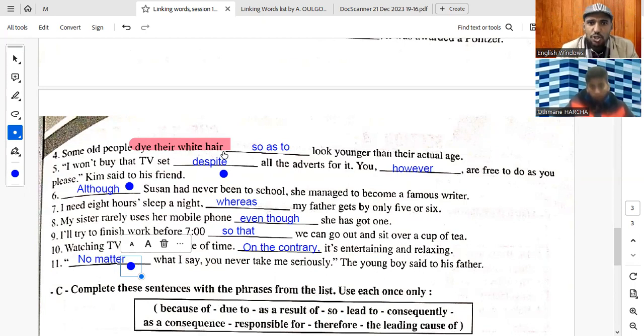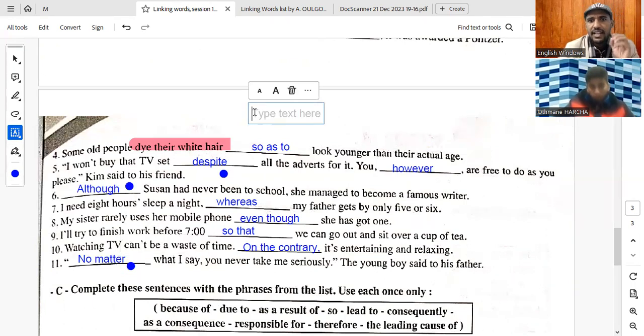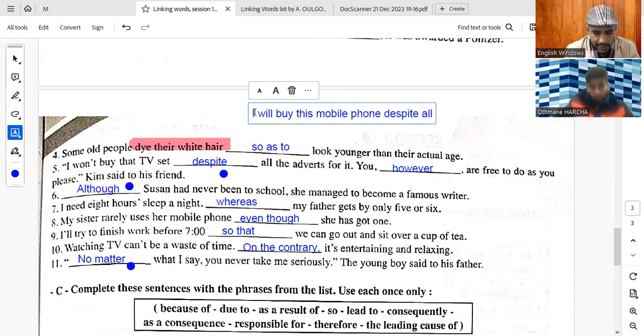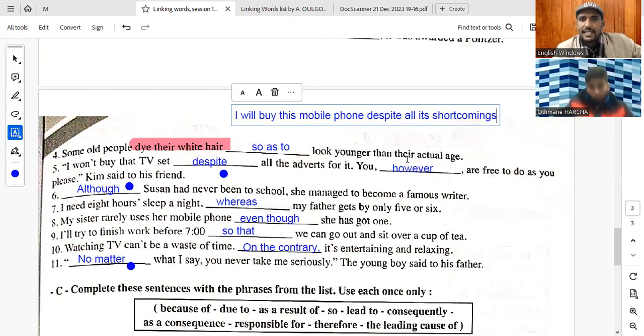Despite all its shortcomings. بحال هكا, an acceptable sentence, right? Despite all its shortcomings, or despite all the negative things that, you know, my friend said about it, right?